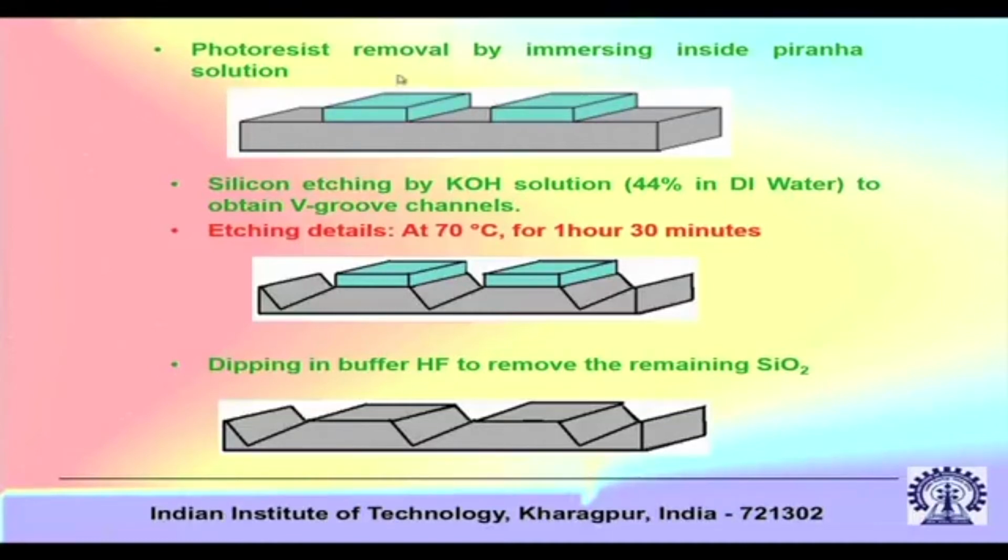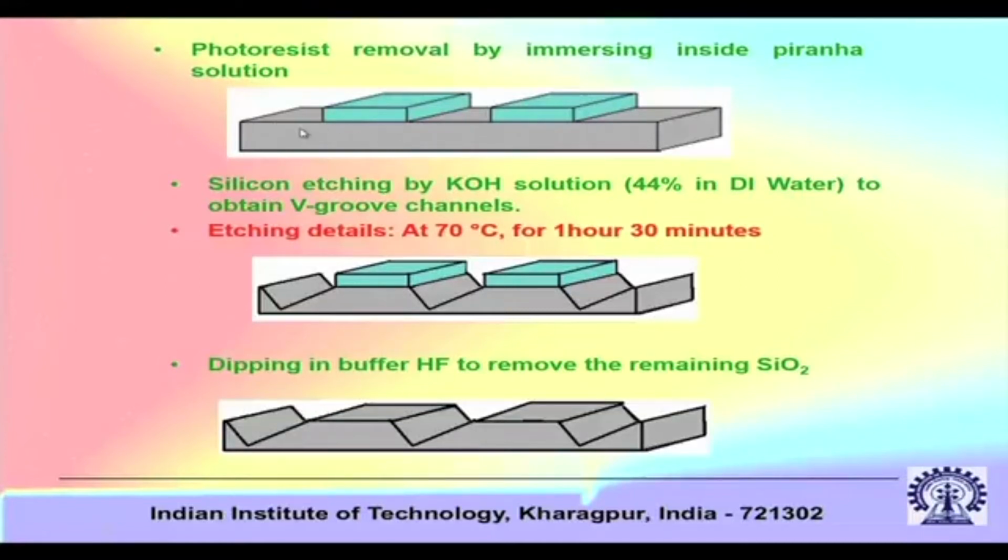The pink colored material, the cross-linked photoresist, is removed by immersing it inside a solution called Piranha solution. So that is removed. Then the silicon, see, SiO2 is protecting the silicon at certain places.